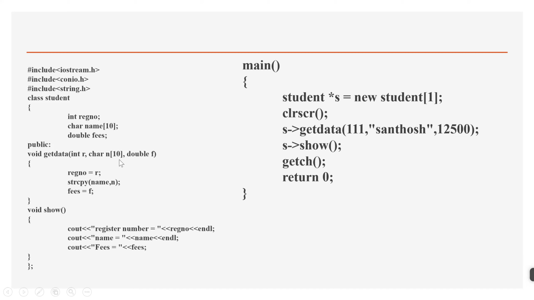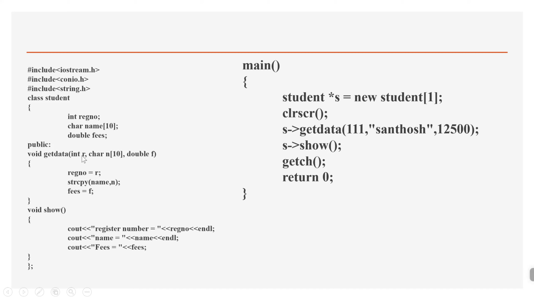So here, integer r, character n of 10, which is a string, then double f, which is a real. So we have three arguments of three different data types: an integer, a string, and a real number. What are the elements here?